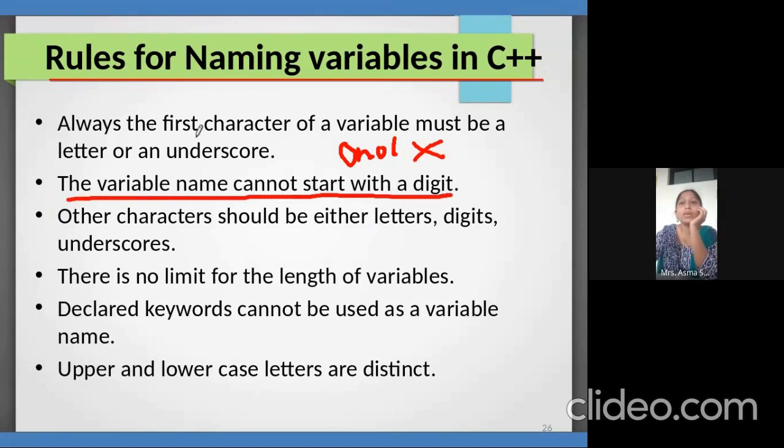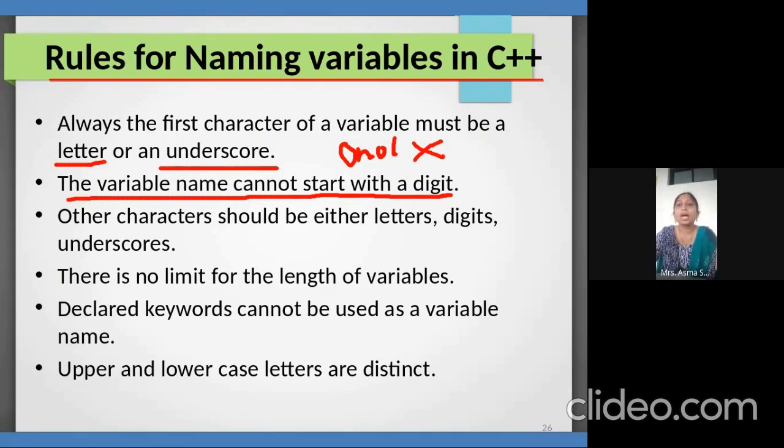The first character of a variable must be a letter, or an underscore is also allowed. It should not start with 0 or any other digit. It is always started with alphabets, letters, or underscores.